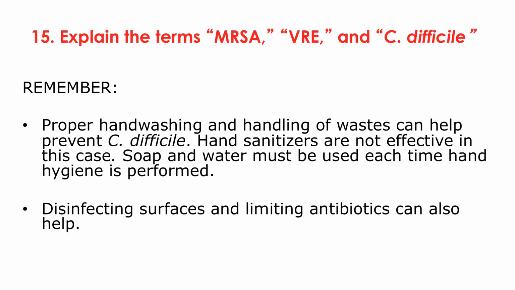Now, once again, proper hand washing and handling of waste can prevent C. diff from happening. Hand sanitizers are not fully effective in this case. Soap and water is a must to be used each time hand hygiene is performed. Okay? You want to make sure you disinfect the surfaces, and limiting antibiotic use can also help.